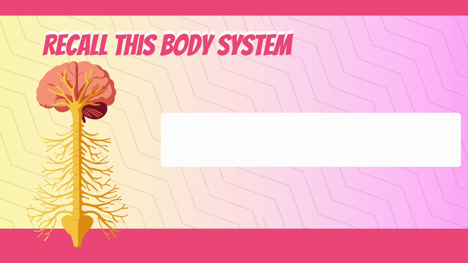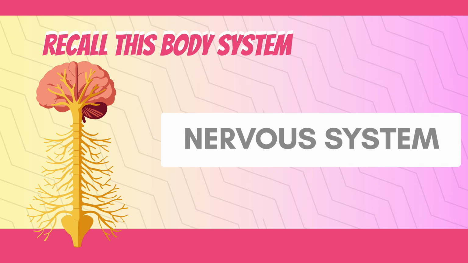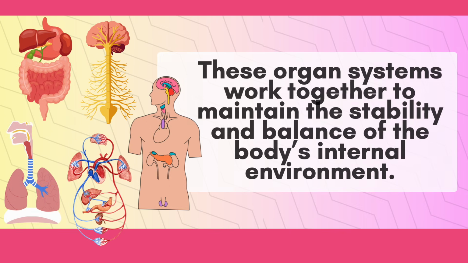And finally, identify this body system. This is the nervous system. Keep it in mind because it helps the body detect changes and coordinate responses. Now let's connect all of the systems we have recalled. The important idea here is that these organ systems work together.